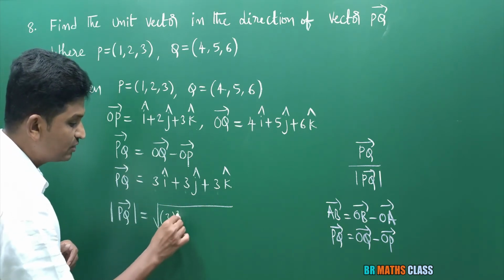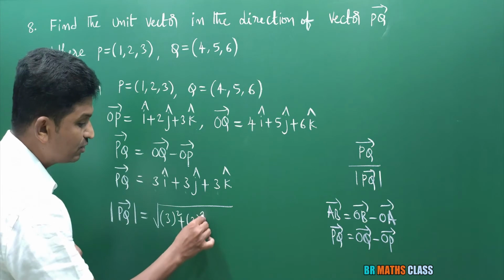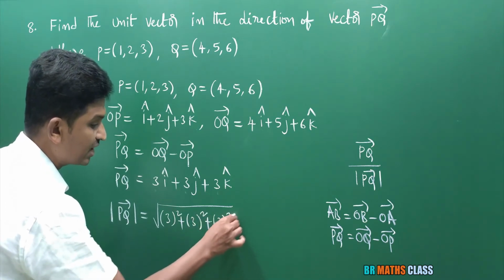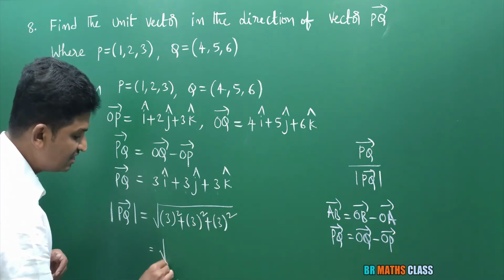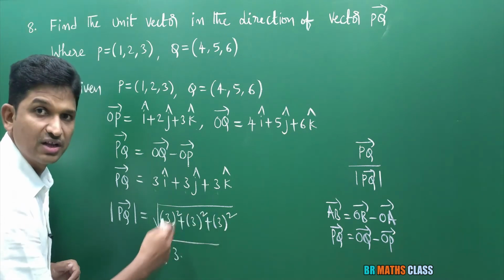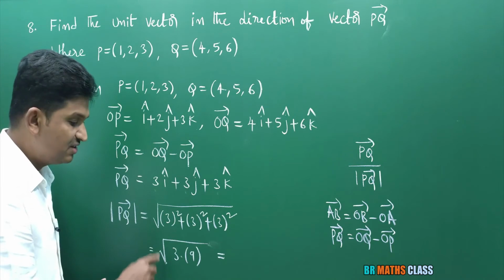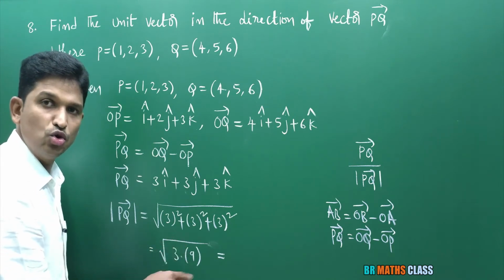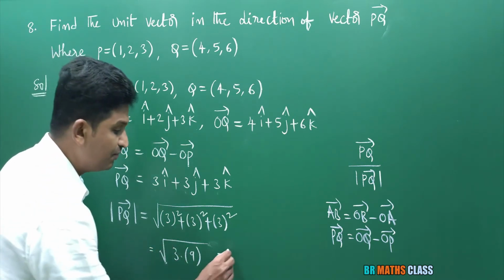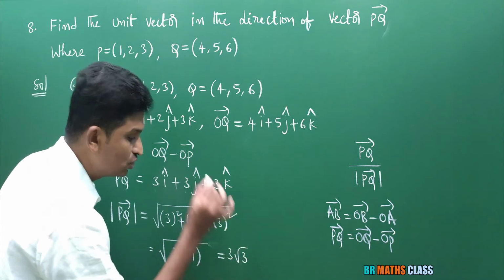So 3 whole square plus 3 whole square plus 3 whole square. This is 3 times 3 whole square. 3 whole square is 9. If I simplify this, this is root 3 into root 9. Root 9 value is 3. So if you simplify this, you will get 3 into root 3.